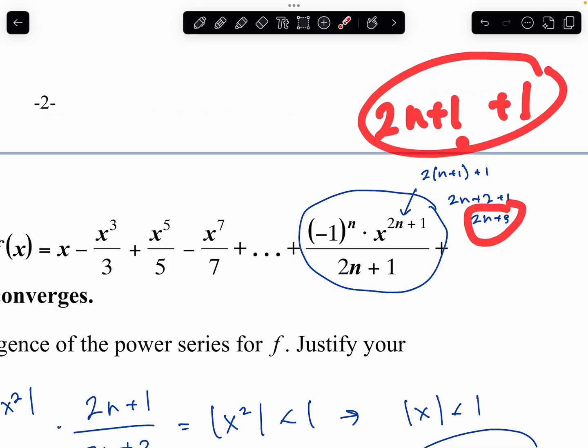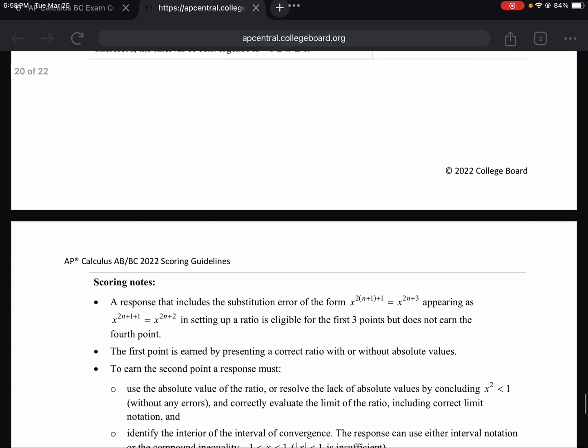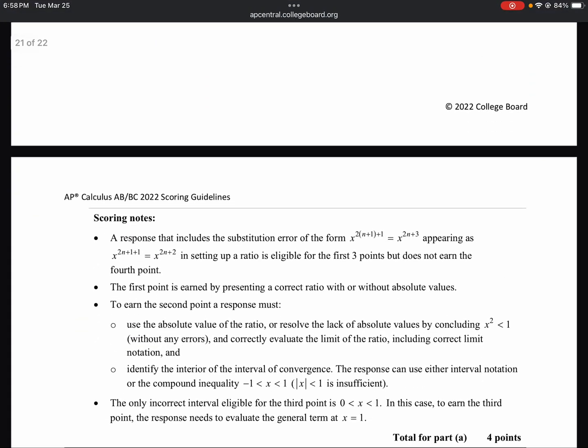That's a substitution error. You have to use parentheses, you have to distribute, and you'll get 2n plus 3. So let's see what they say about that. In setting up a ratio is eligible for the first 3 points, but does not earn the 4th point. So that's actually pretty cool. You can earn a lot of points for that.